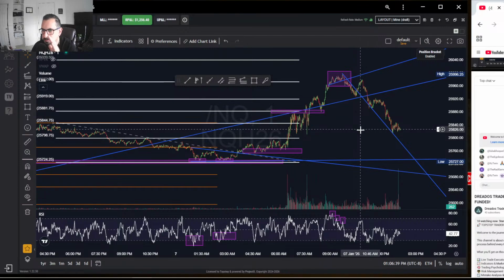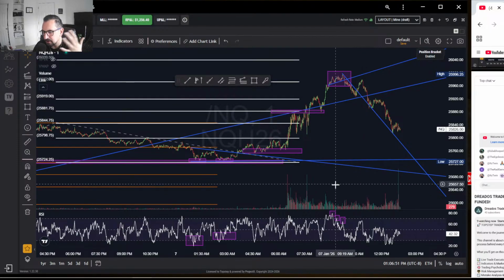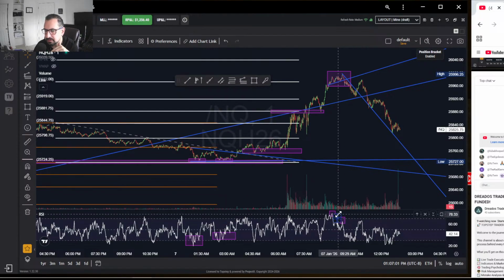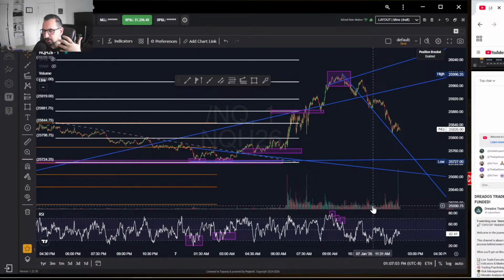So divergence basically means that your indicator is doing the opposite of what price action is doing. So for example, RSI, and you can use this with all indicators. You can use it with RSI, all 500 indicators that there are, from a divergence perspective. RSI specifically tells you buyer and seller strength.